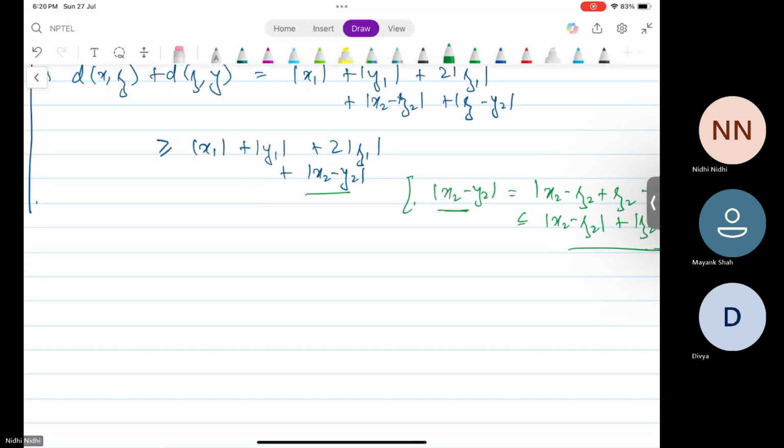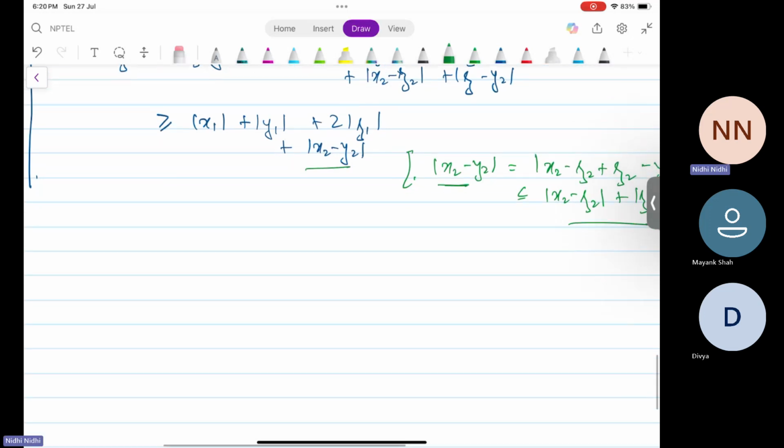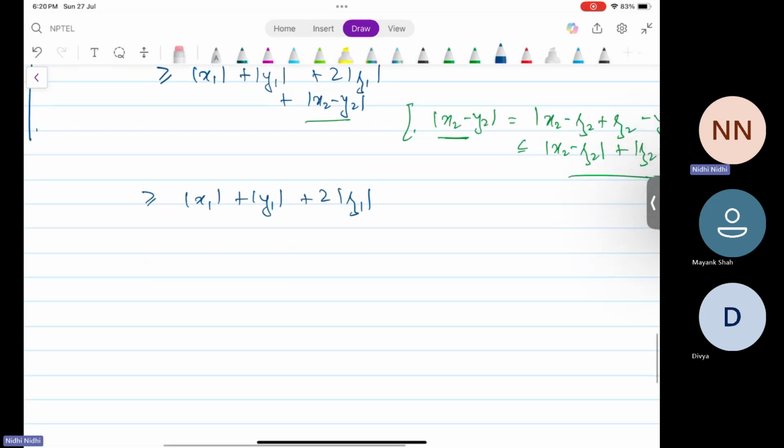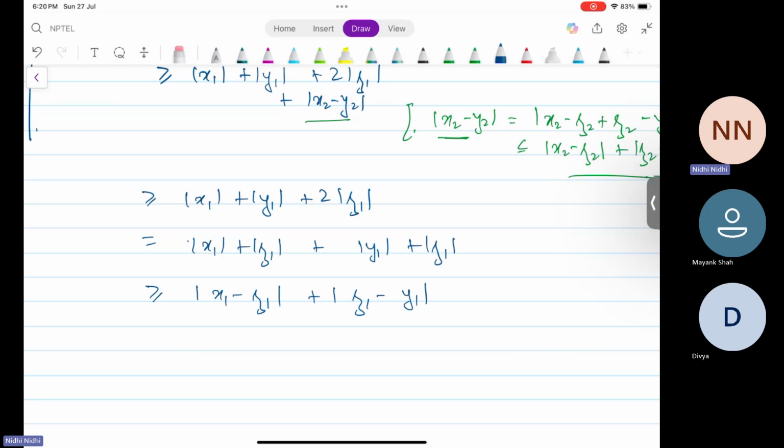Okay, this is greater than or equal to mod x1 plus mod y1 plus 2 times mod z1, because this modulus is obviously greater than or equal to 0, and it can be written as mod x1 plus mod z1 plus mod y1 plus mod z1, which is again greater than or equal to mod x1 minus z1 plus mod z1 minus y1, again using the triangle inequality.